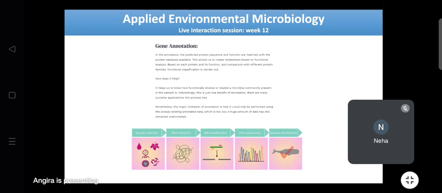Based on each protein and its function and its comparison with different protein families, the functional classification is carried out. So this all helps us to understand the functional diversity, or how much related a microbial community is in the sample. And therefore, this annotation gives us application in several processes.